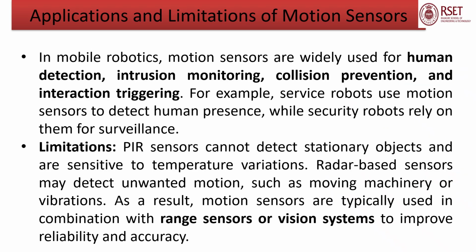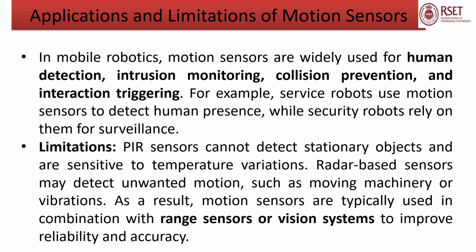We'll see what the applications and limitations of motion sensors are. In mobile robotics, motion sensors are widely used for human detection, intrusion monitoring, collision prevention, and interaction triggering. For example, service robots use motion sensors to detect human presence, while security robots rely on them for surveillance.